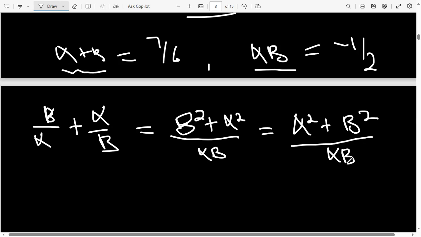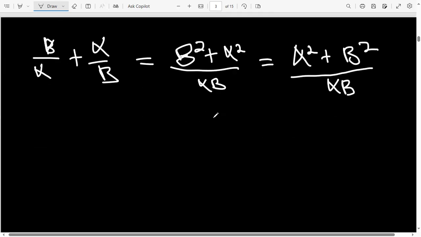Okay, so what do we see here? On top there we have alpha squared plus beta squared. So alpha squared plus beta squared is not the same as alpha plus beta. So we need to change this alpha squared plus beta squared into alpha beta or alpha multiplied by beta. So how are we going to change that? We use an identity, which I think is the simplest identity under these alpha and beta roots.